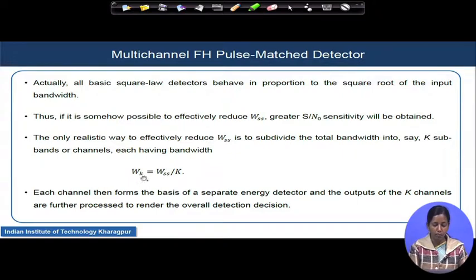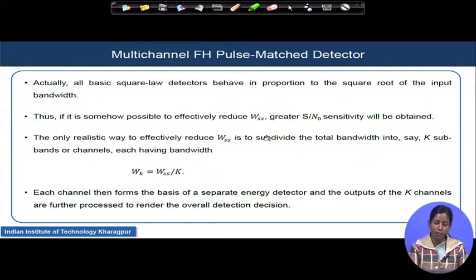So now the bandwidth of each channel Wk will be given by WSS divided by capital K. Each channel then forms the basis of a separate energy detector, and finally you take an overall detector performance based on the performance of each and every detector. So this is a way of practically handling and improving the performance of the frequency hopping pulsed matched detector.